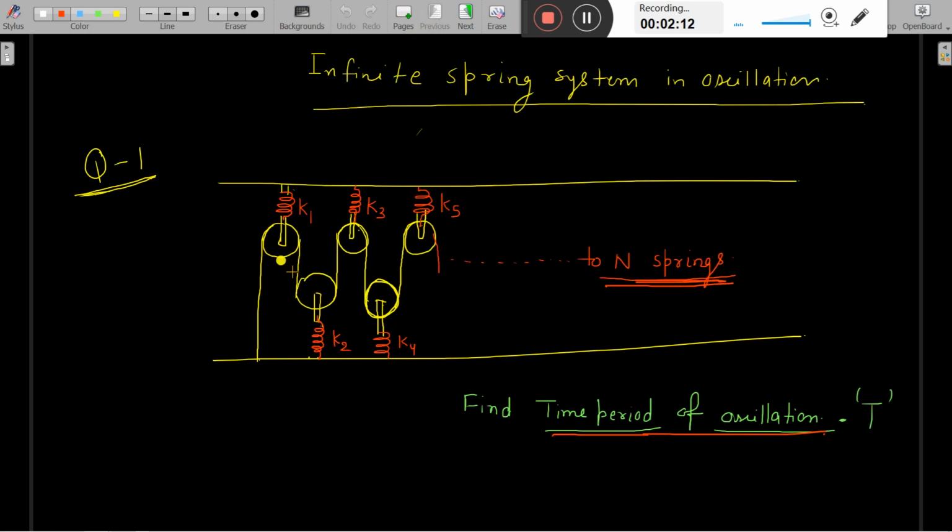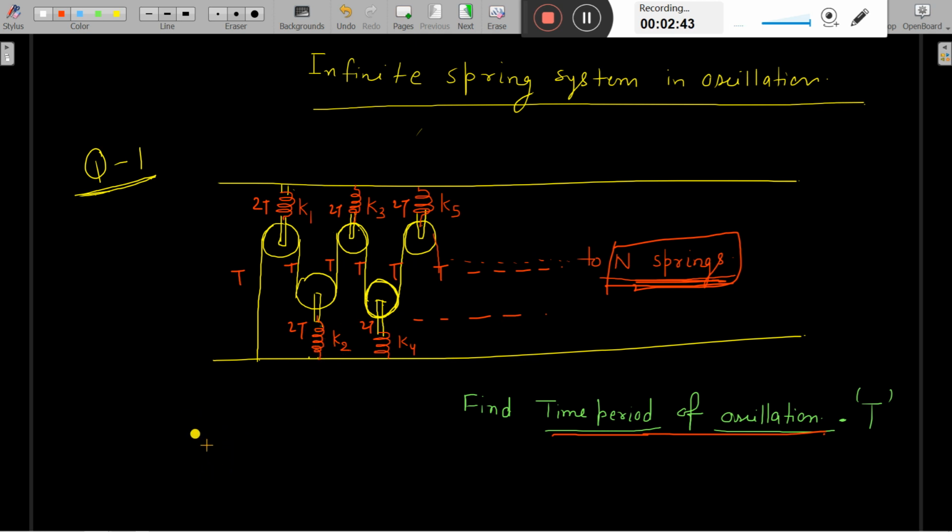So in this case, there are n springs and the mass is connected to the last spring. If we see, the tension in the string is the same, T, T, and the last also has T. Here the tension is 2T, 2T, 2T, and here also 2T, 2T, and so on.